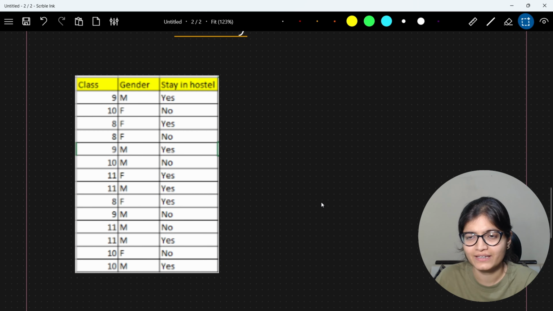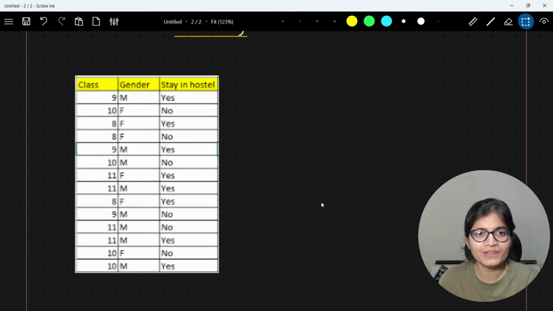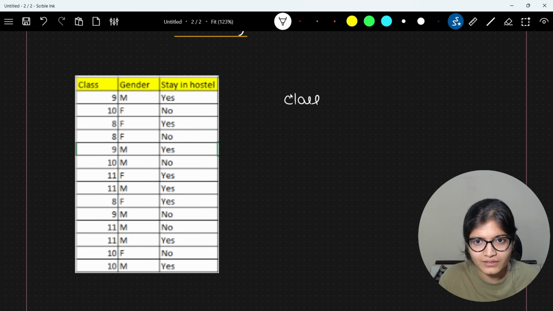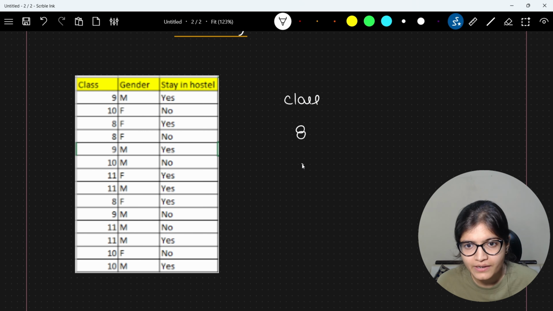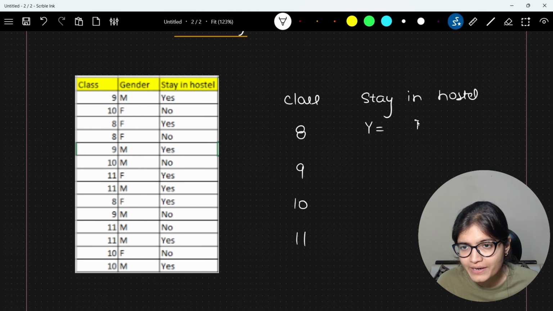Now here, we will see how to compute the Gini index. We will have a class, and we will sort the class, which is 8, 9, 10 and 11. On the basis of this class, whether a person will stay in hostel or not. For class 8, how many are staying in hostel and how many are not?